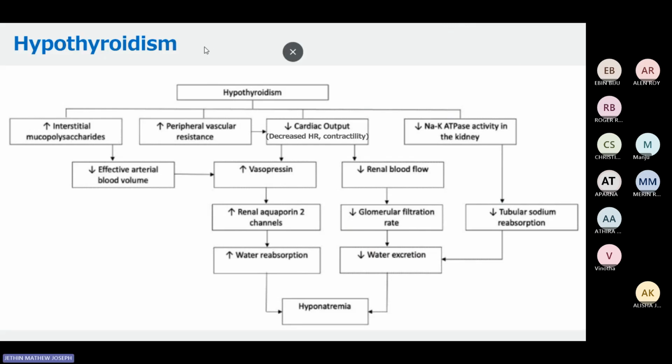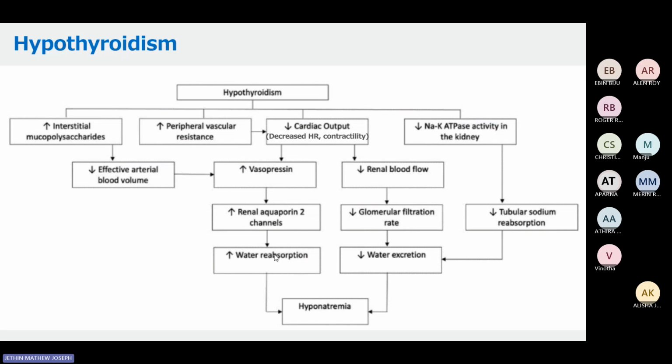Now, hypothyroidism. How does hypothyroidism cause hyponatremia? Hypothyroidism will decrease cardiac output. How? It will cause a decrease in heart rate and contractility, the net result of which is a decreased cardiac output. And a decreased cardiac output, as we discussed earlier, will stimulate ADH because your baroreceptors are going to detect the effective arterial blood volume. So the hypothalamus is going to secrete more ADH.